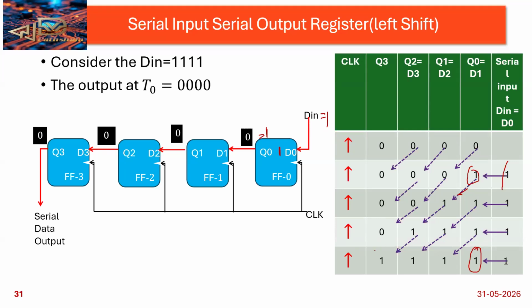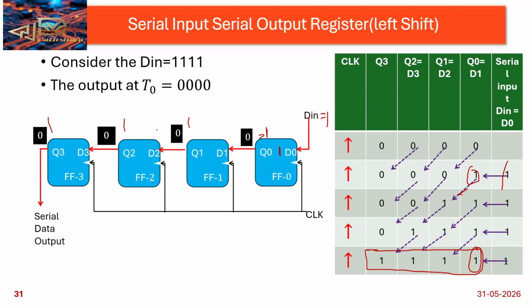So then 4 clock cycles are there. Okay, the data is loaded. Am I clear up to this? So all are having the data, 1 1 1 1. So 4 flip-flops are required, and 4 clock cycles are required.